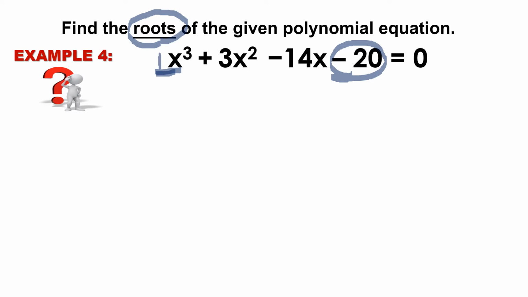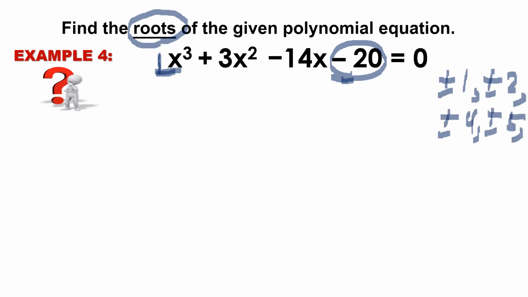Let's line up the factors. What are the possible factors? Since this is 1, automatically our factors will be coming from the constant term here. So we have positive negative 1, positive negative 2, positive negative 4, positive negative 5, positive negative 10, and positive negative 20.